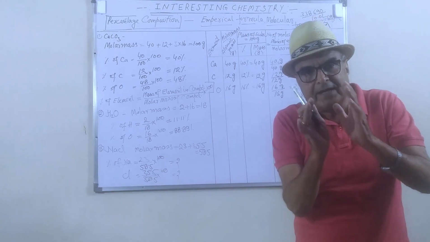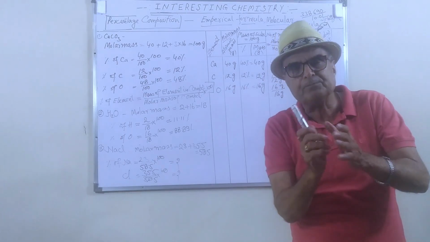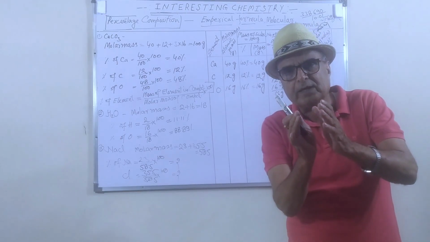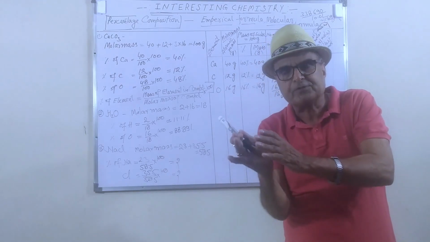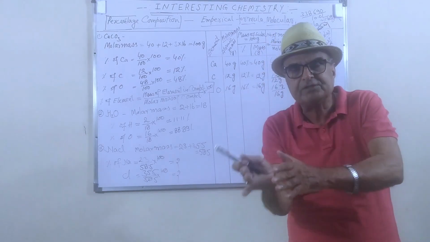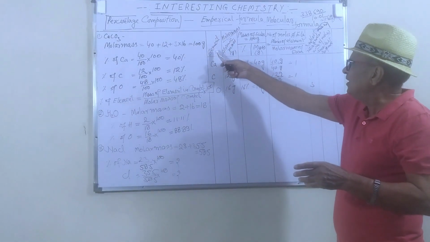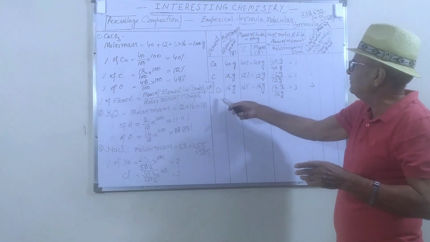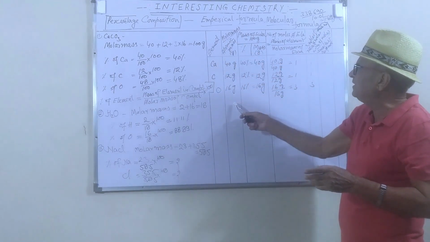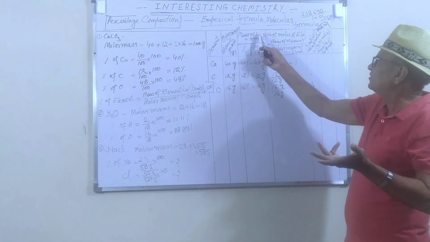To get the molecular formula from the percentage composition, you have to take some steps. This is the table, and this is the name of the element. This is the atomic mass of the element, and this is the mass of the substance.